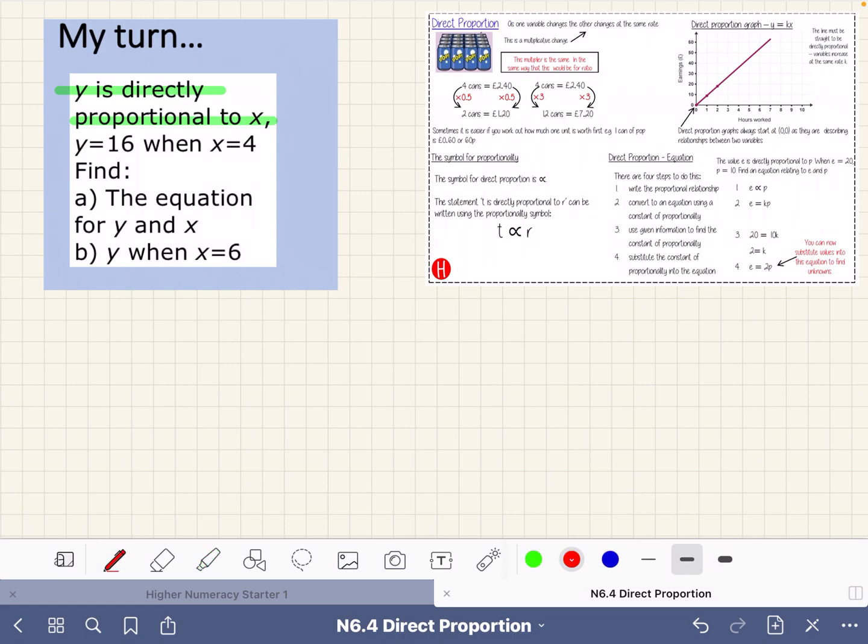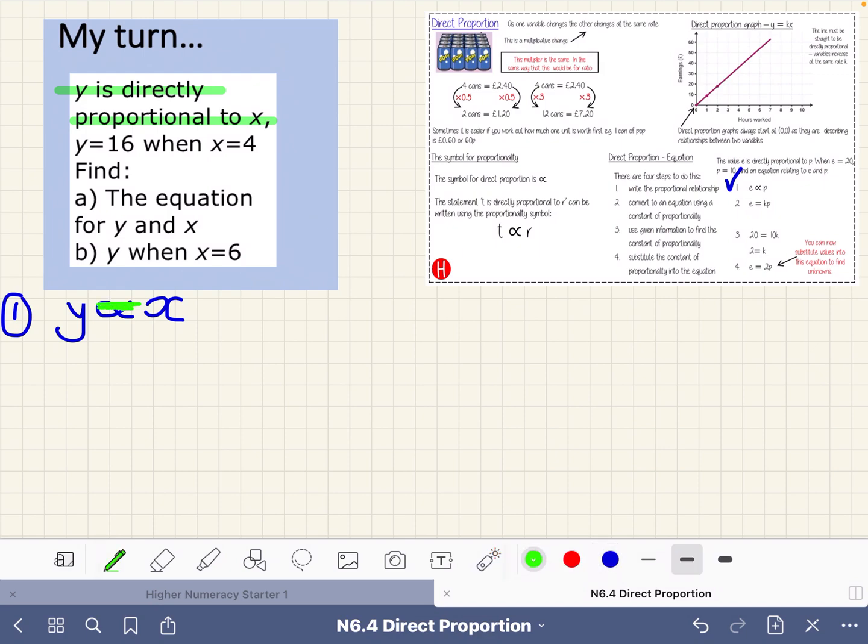That means I write down y is directly proportional to x, and that is my step 1 complete. The next is to convert to an equation using a constant of proportionality. That is where we replace the proportion sign into an equals k with both the letters still there.